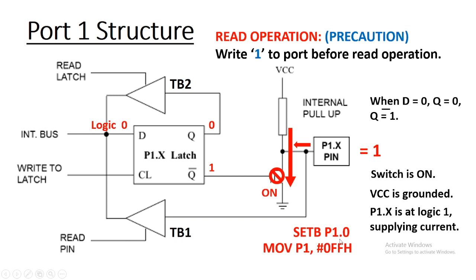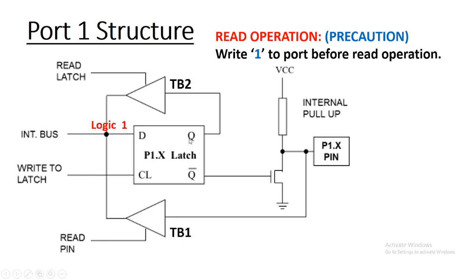Using this instruction, I am configuring pin 0 of port 1 as an input port. Suppose you want to configure the whole port as an input port, simply use this instruction. You write FFH to port 1, 8 bits of data at a time. All ones are sent to port 1 and the whole port is configured as an input port.